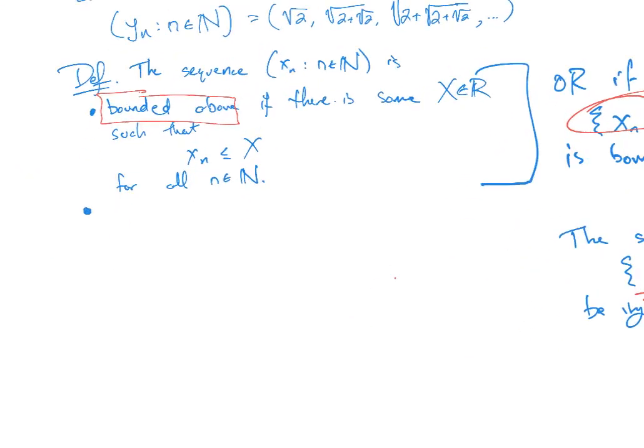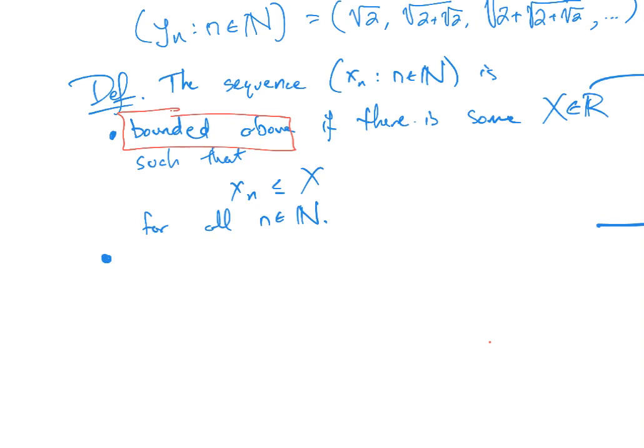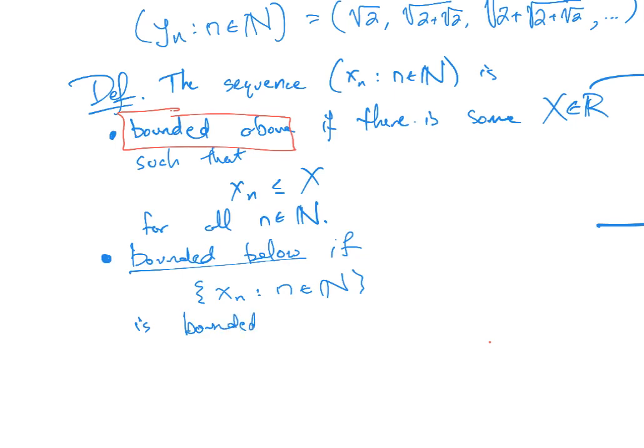That's all for bounded above. Obviously, we could also do bounded below. It's bounded below if, and I'll use the easier way, the set of values of the sequence is bounded below.